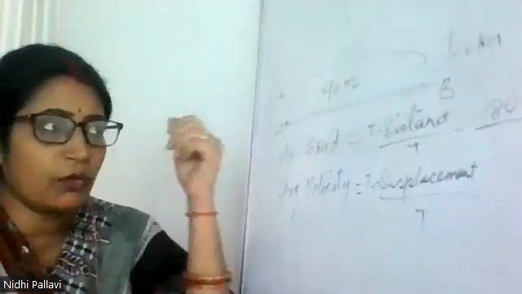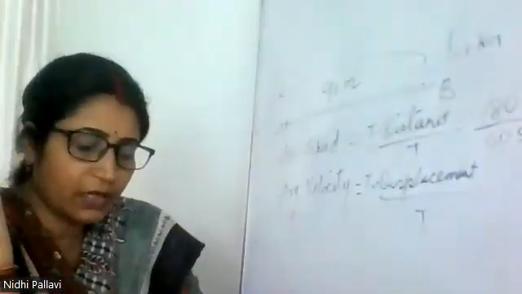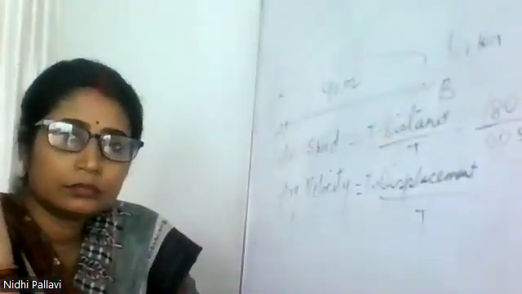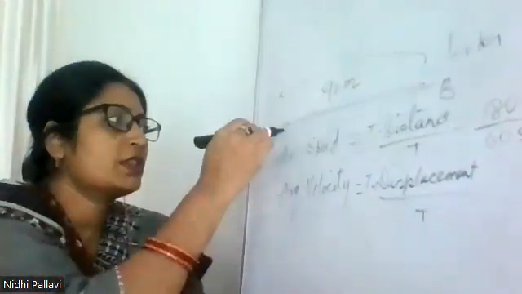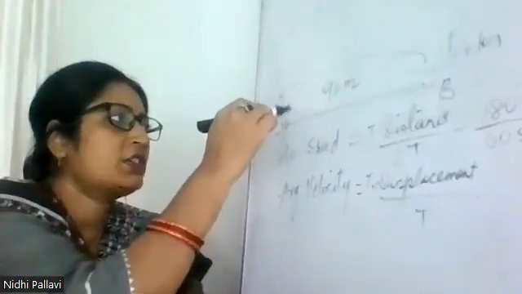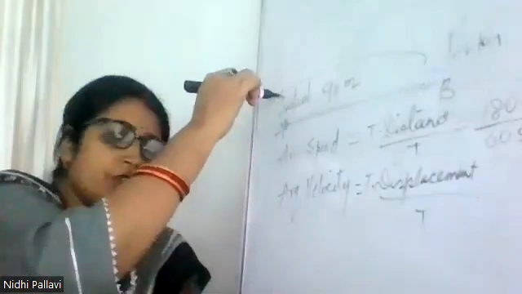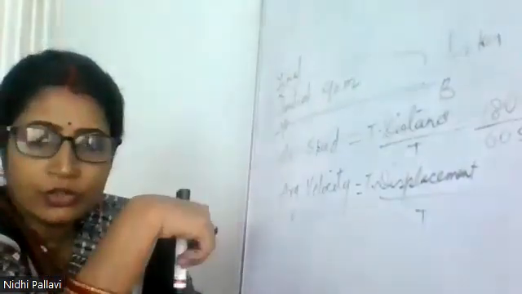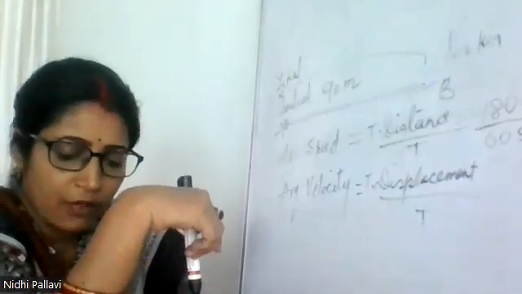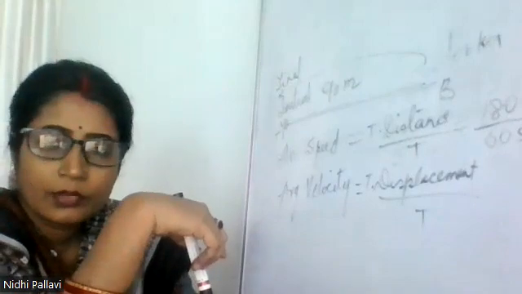1 minute means 60 seconds. And what will the displacement be? 0, because she started from here, this was the initial position, and then she returned to the same position, so this is the final also. So average displacement will be 0, isn't it?